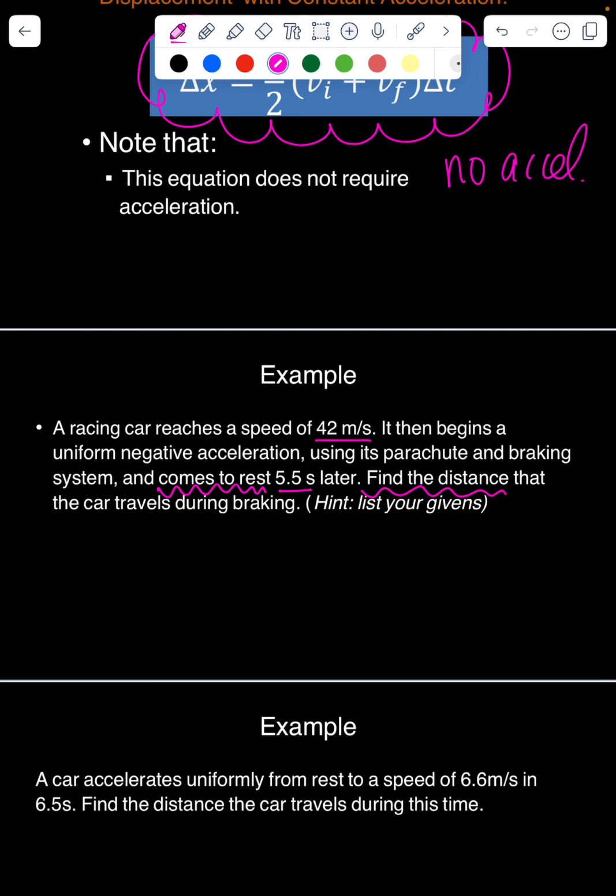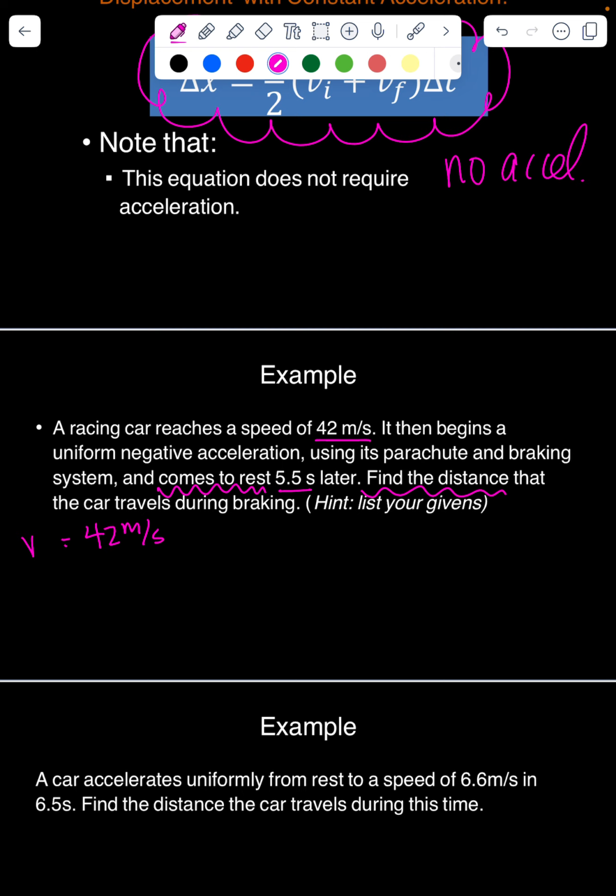All right, so the very first thing that we're gonna do is list out all of our givens. Our first one is 42 meters per second. We know that if the unit is meters per second, then that is a type of velocity. Now, the reason that I underlined "comes to rest" is that it's not a numerical given, but it is a very important given for us.